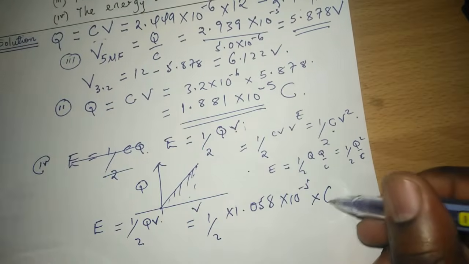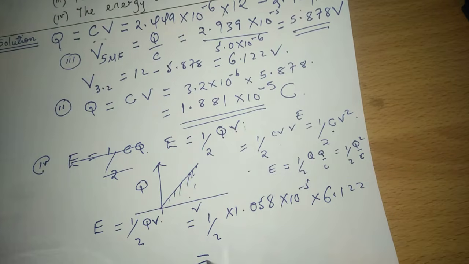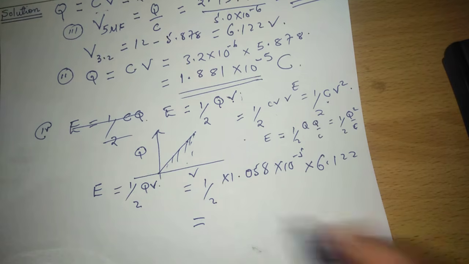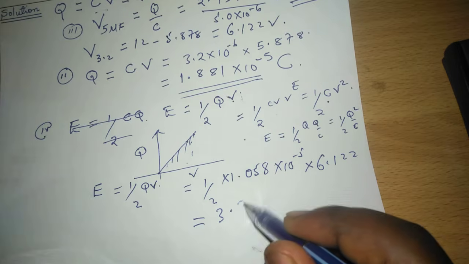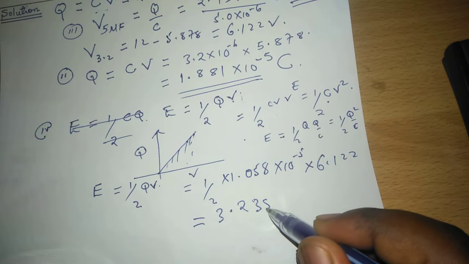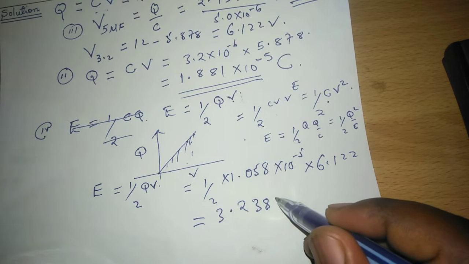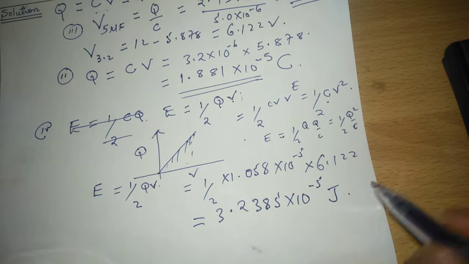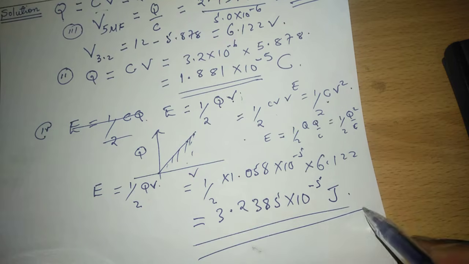So we will use 6.122, and this is going to give us the energy stored, whereby we multiply half by 1.058 multiplied by 6.122. So this gives us 3.2385 times 10 power negative 5 joules of energy. So this will be the energy stored in that capacitor.